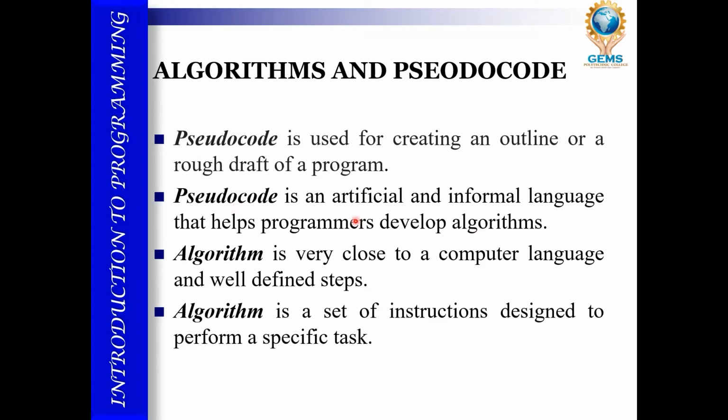The second point says that pseudocode is used for creating outlines, or we can say it is used for drafting the problems for programming. So pseudocode helps the programmer to develop the algorithms.